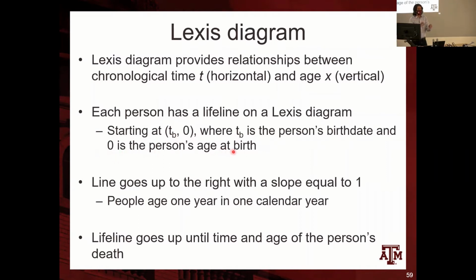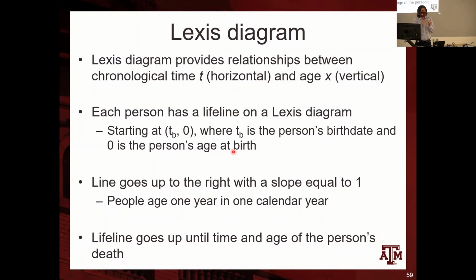So if you're taking into account only birth, not migration, they will start at the time T on the horizontal axis. That's the time in which the person was born, and the age of that person was 0.